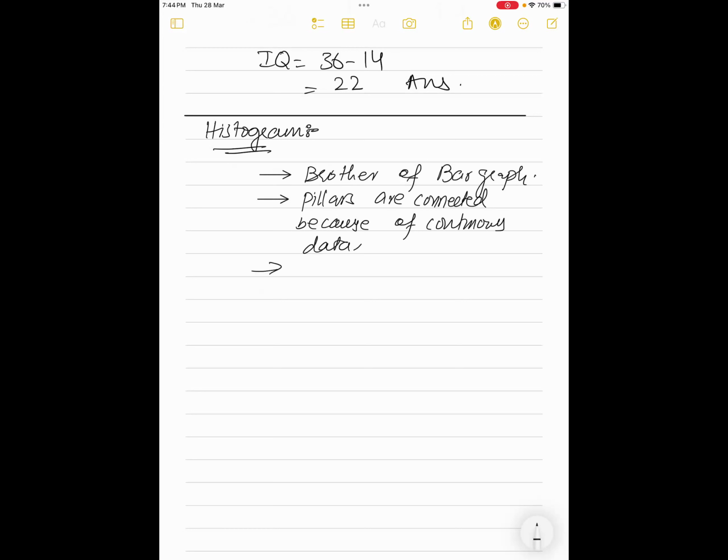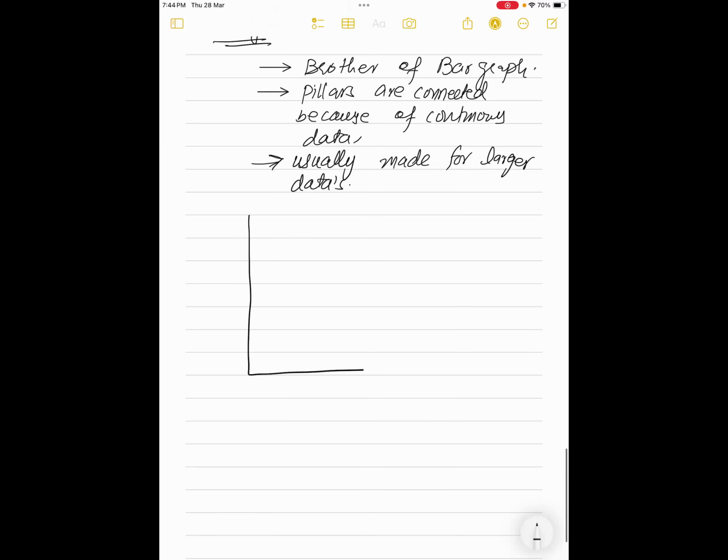And one more thing, pillars are connected because of continuous data, and it is usually made for larger data. So the picture of a histogram looks like this.